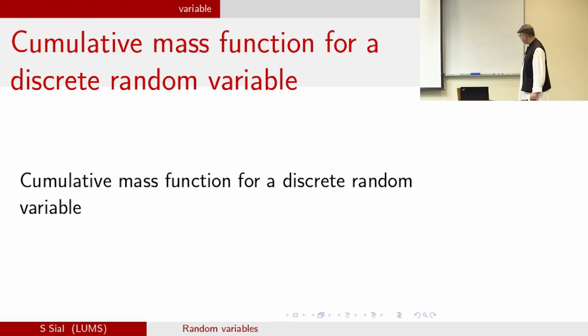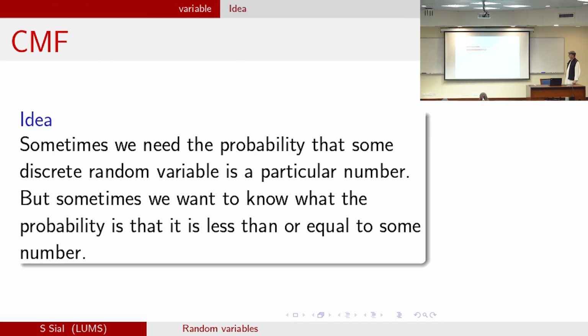And we will often use the abbreviation PMF for probability mass function. We also have the idea of a cumulative mass function for a discrete random variable. And I will often use the abbreviation CMF to mean cumulative mass function.